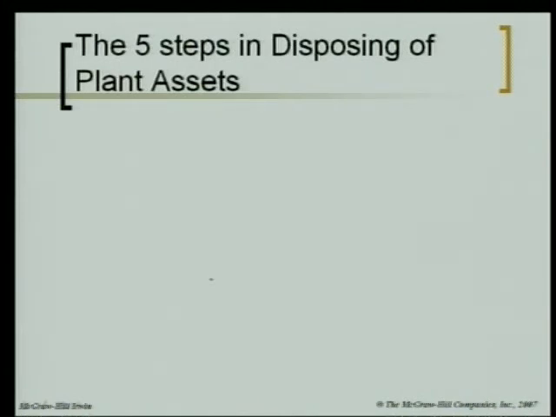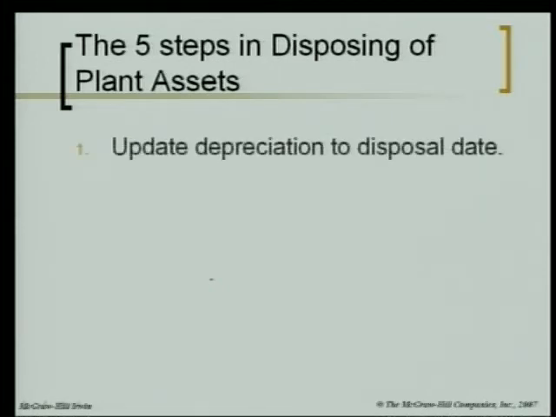And when you dispose of the plant asset, we're going to be building the journal entry as we go along. And I want you to follow these 5 steps. The first thing that you need to do is update depreciation up to the disposal date.